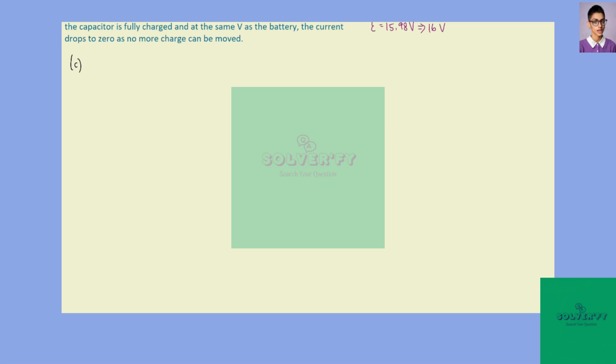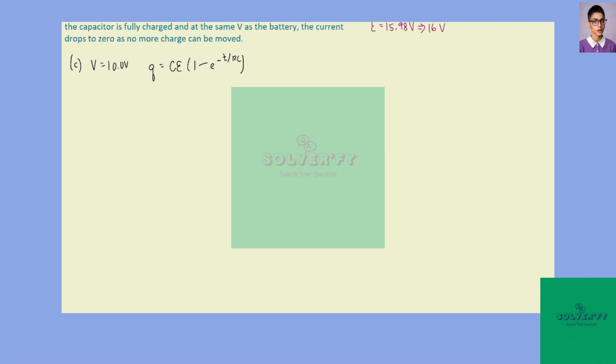We are going to need to look at how these relationships allow us to get to V equals 10 volts, because we have an equation that says that charge equals the capacitance times the EMF times the quantity, 1 minus E to the minus T over RC.